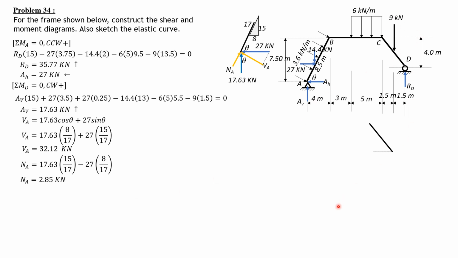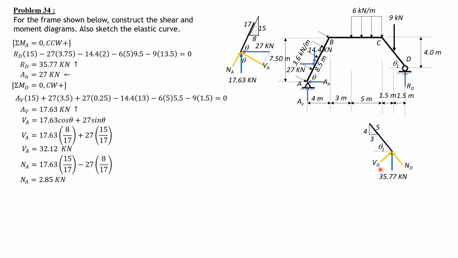Then let's have the other side. RD is vertical, then this is called theta 1, this is also theta 1. Opposite of theta 1 is 4, adjacent is 3, hypotenuse is 5. Then this is 35.77, which is RD. Then we resolve that into perpendicular to CD, or the shear force in CD, and the normal to CD.